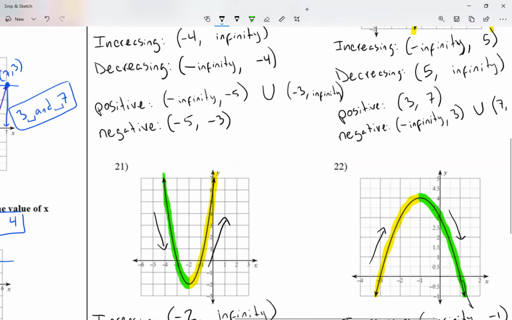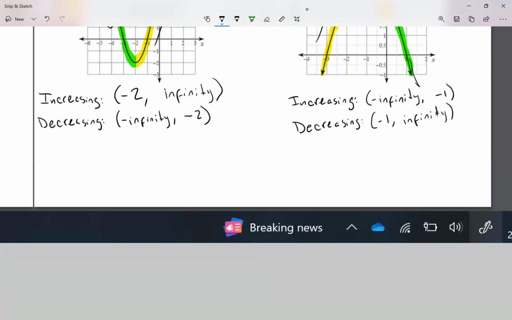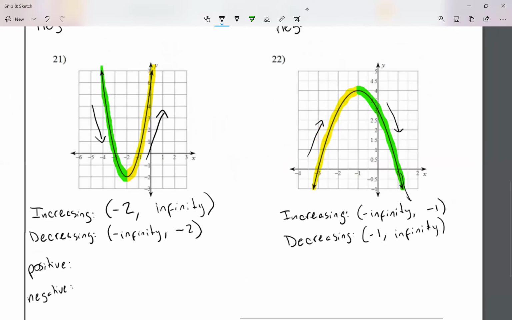Let's take a look at questions 21 and 22. Remember, for 21, I'm going to ask, when is this positive? When is this negative? So let me erase the markings that I did earlier. Let me clear this out.